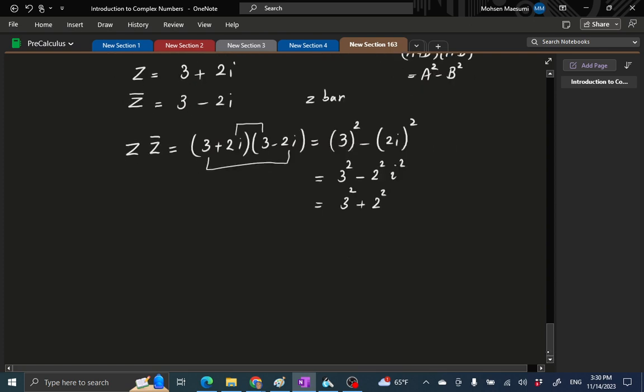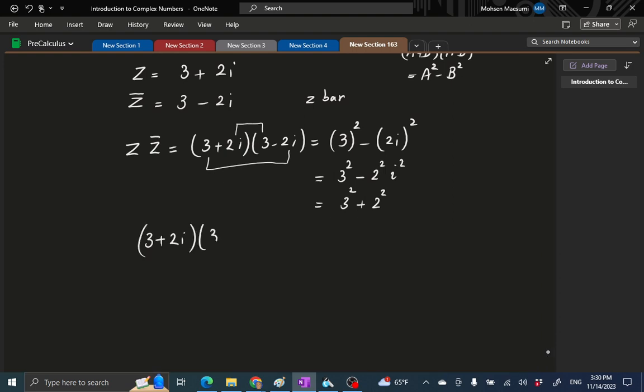So let's emphasize again. If I have 3 plus 2i times 3 minus 2i, I get the first item squared and second number squared, added up. Let's practice one more time. Say 7 minus 3i. And the conjugate of that is 7 plus 3i. If you have minus, the conjugate is plus. If you start with the plus, the conjugate is with minus.